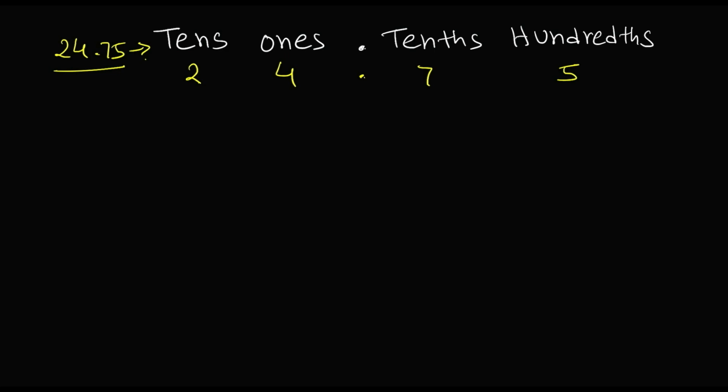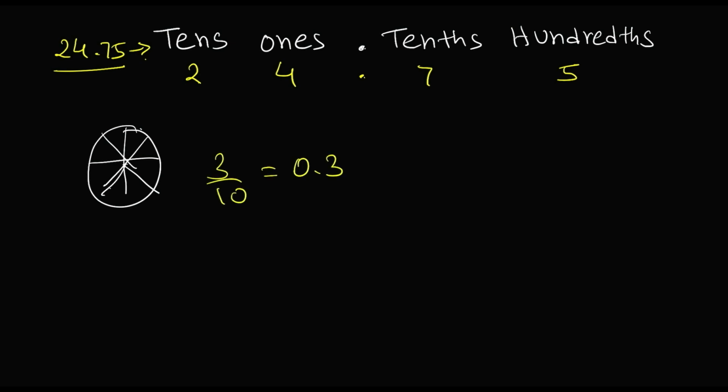For example, suppose a pizza is cut into 10 equal parts. Equal slices. If you eat 3 slices, you have eaten 3 by 10, equal to 0.3.